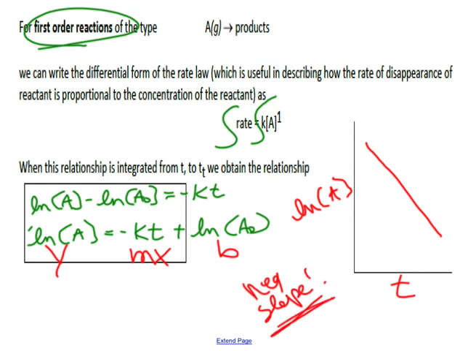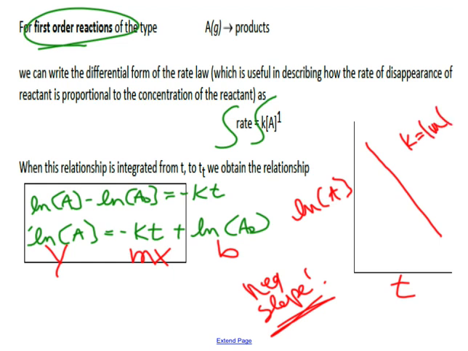It's important to know which slopes are negative and which ones are positive. So zero order and first order graphs are going to have negative slopes. If you plot the data concentration versus time and it's not linear, it's not zero order. So then you're going to try and plot natural log of concentration versus time, and you might get a straight line then. And if you do, it is a first order equation. What is my k equal to?